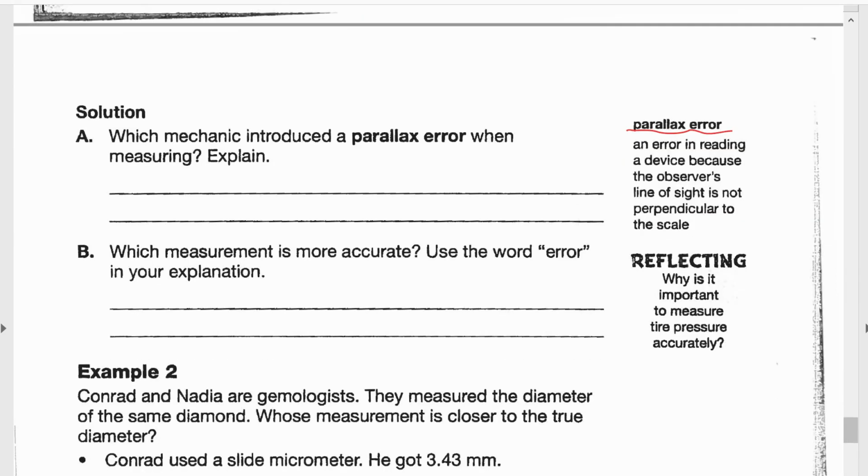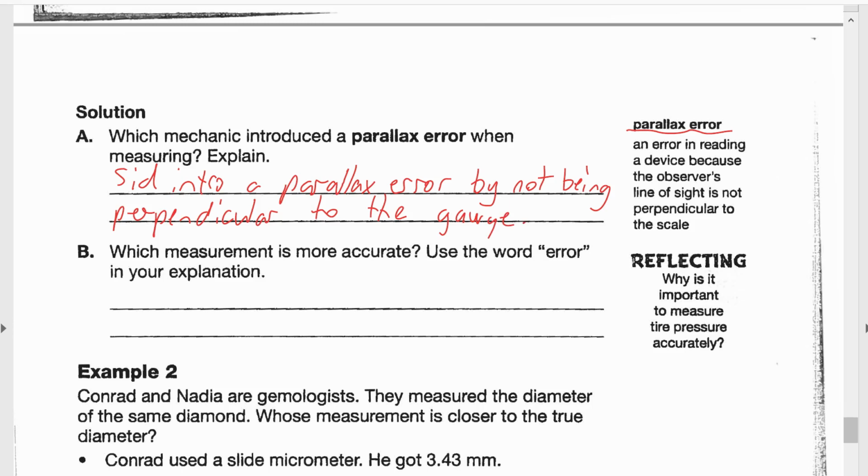So we can say that Sid introduced a parallax error by not being perpendicular to the gauge.